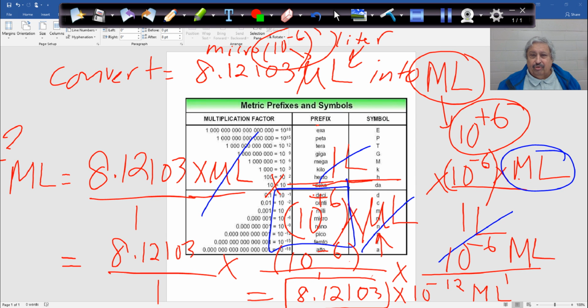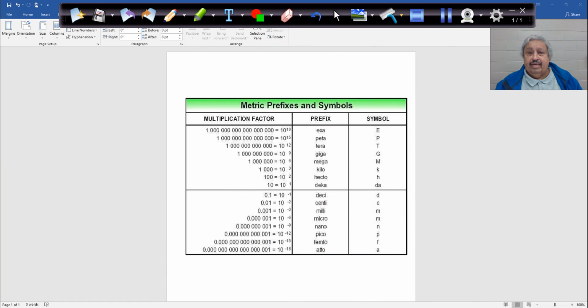But before I finish this chapter, let's look at something. Sometimes in the exam they bring you conversions between English and metric, or between English and the SI system. So can I take this one out? Okay. Let's put something here.